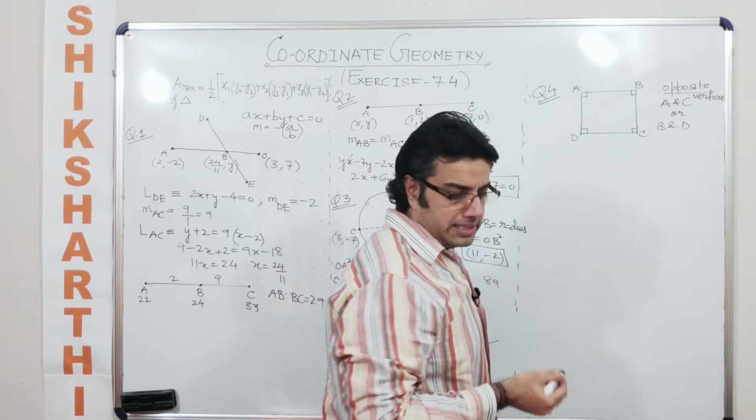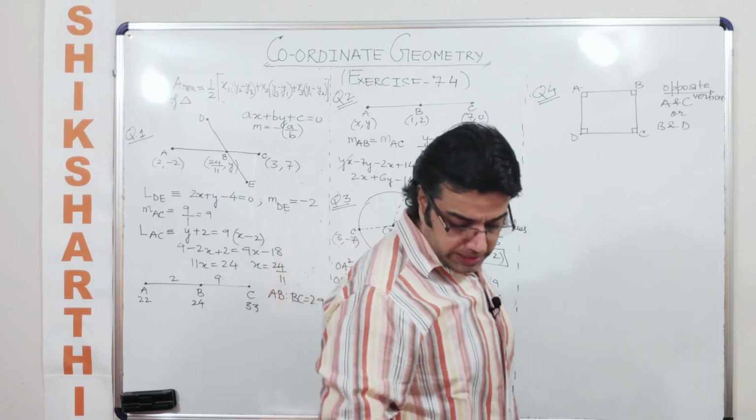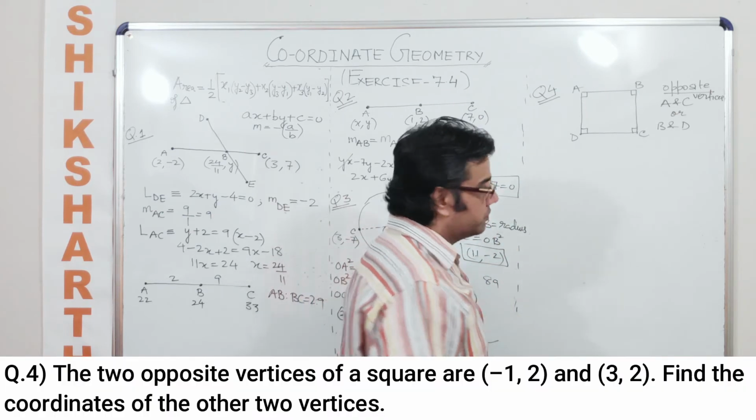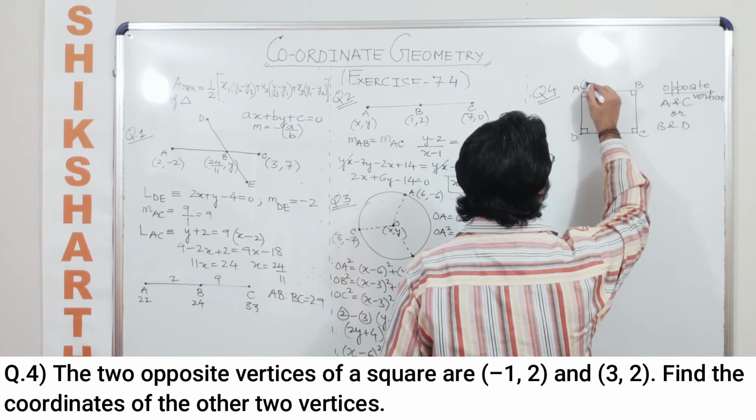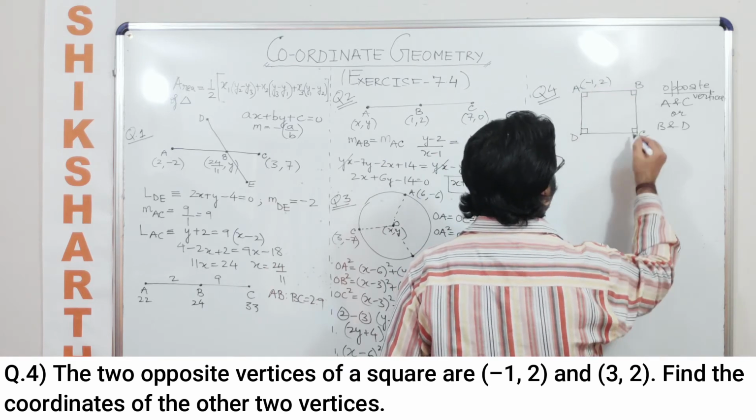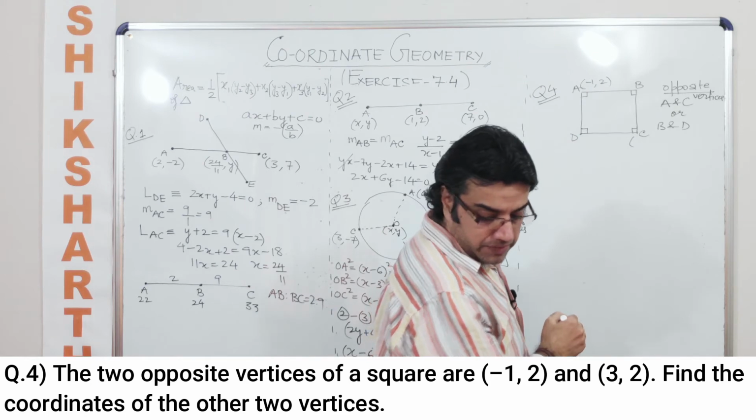Once I know this, I can consider any one of them. So in one case, I am getting what? -1, 2. So this I can take as -1, 2, and this I can take as 3, 2.